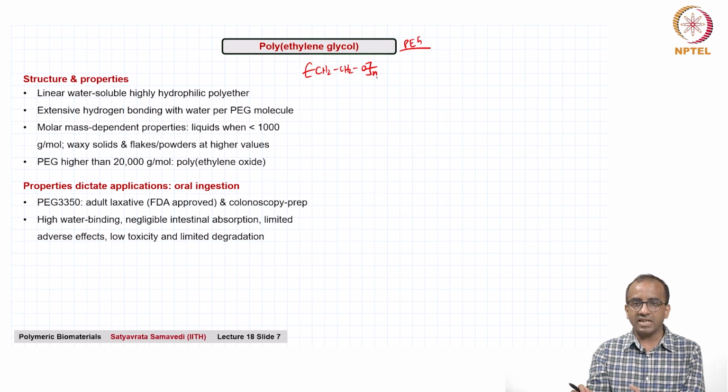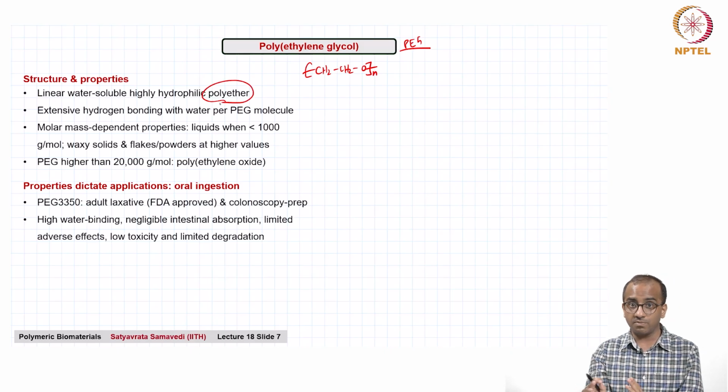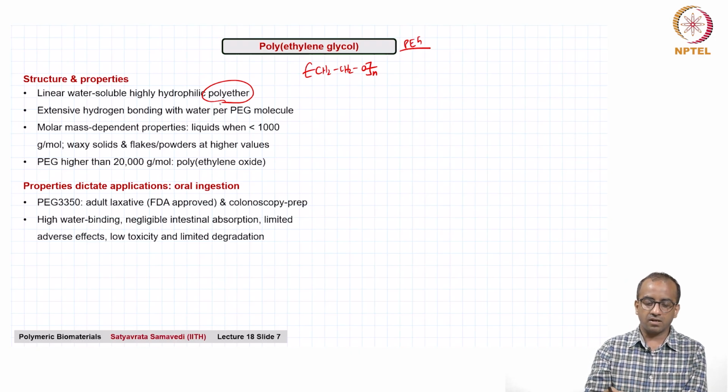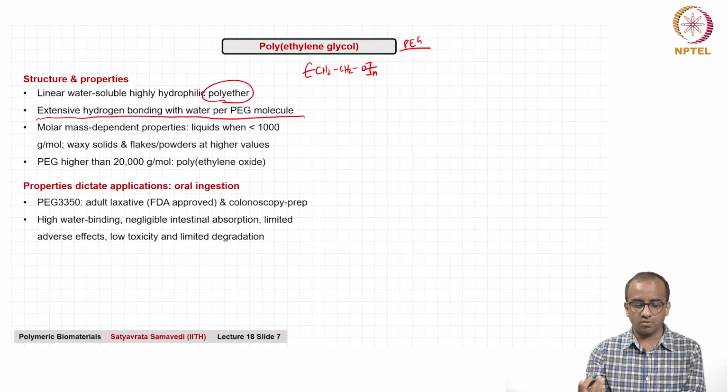Of course, it is a polyether, the structure should tell you that, right. So, wherever possible, please note the family of polymer that we are talking about as well. It is extremely hydrophilic and it can extensively hydrogen bond in the presence of water, and that in turn has consequences for what types of applications PEG can be used.